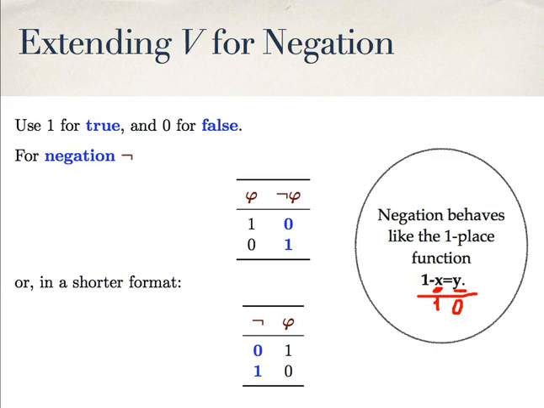If we assign to x the value 0, then 1 minus 0 is 1. And so you see that the representation of this function is exactly the same as the truth table right here. So we can say that negation behaves like the one-place function 1 minus x equals y.